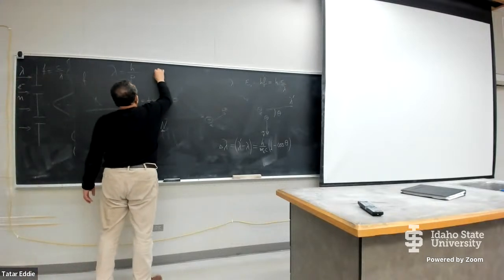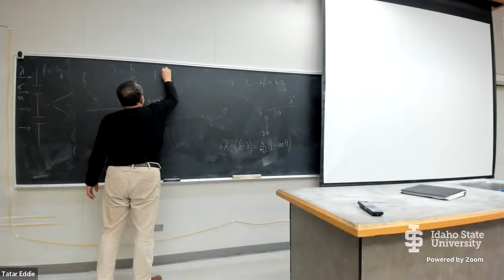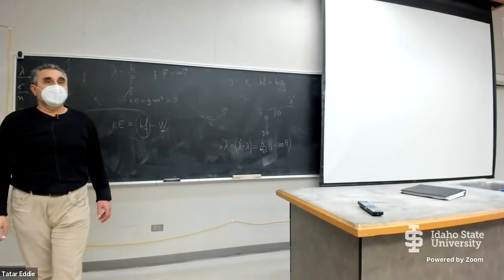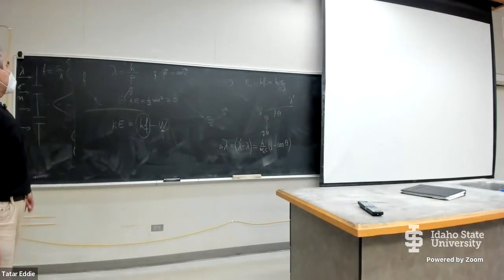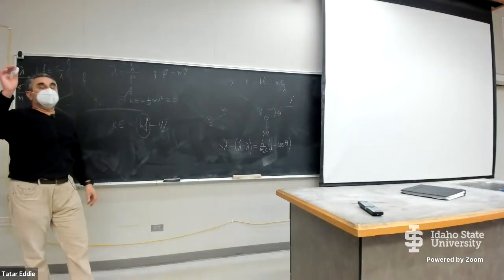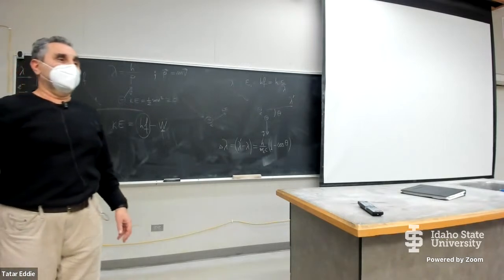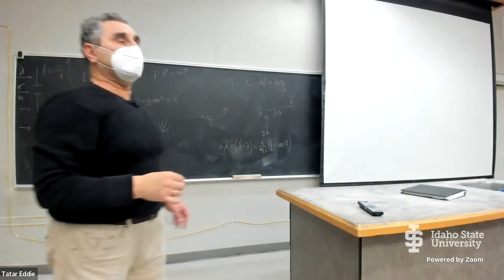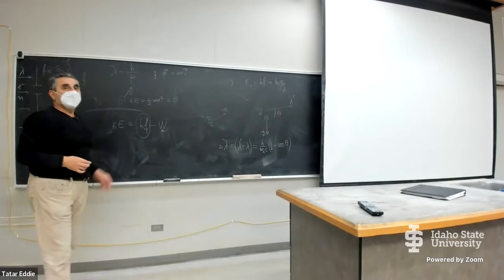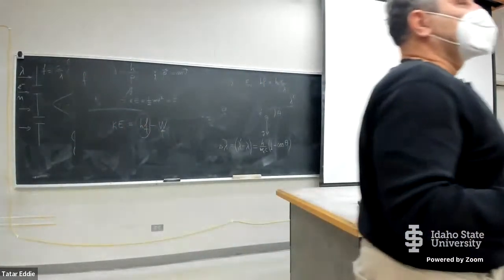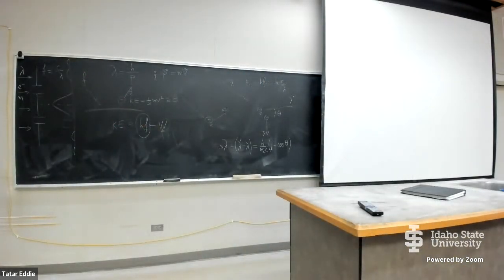Recall that linear momentum is mass times velocity. So if you have small linear momentum, the wavelength of this particle is going to be large. If you have large momentum, this chalk is moving fast, you're going to have a shorter wavelength. But in any case, manufacturing a two-slit system with appropriate size is not technically doable.